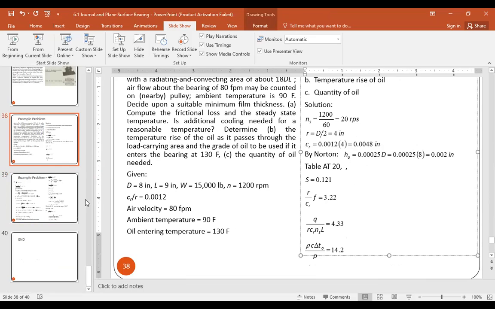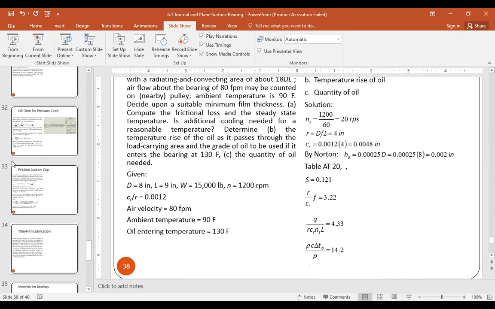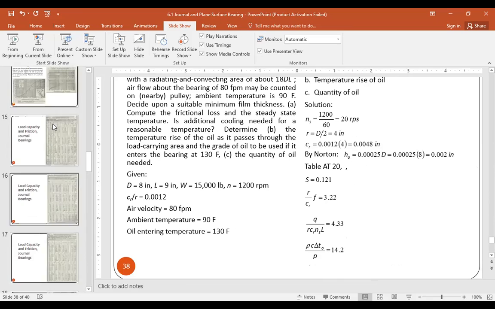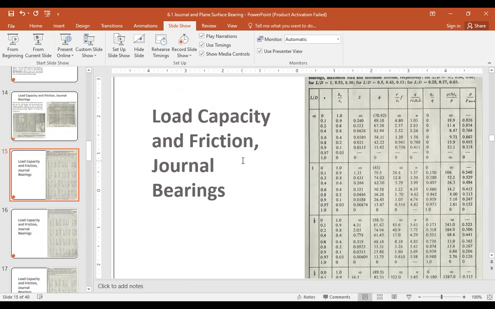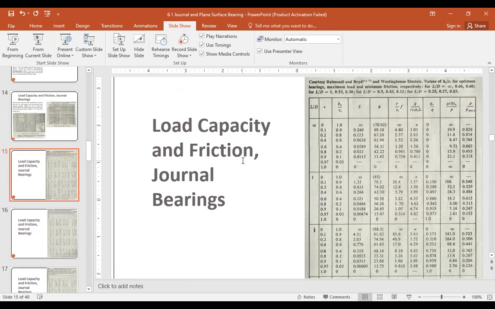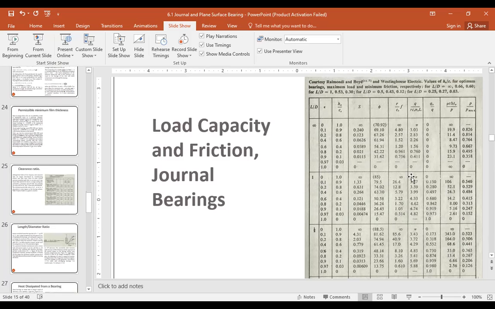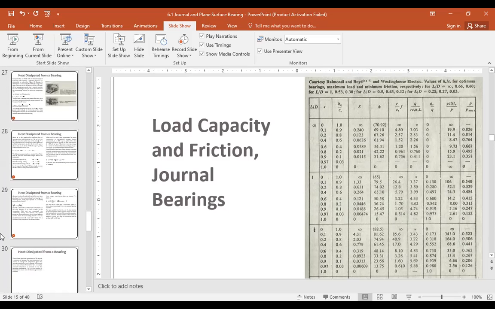Cr over r is 0.0012. Hanapin natin yung, may isa dyan, partner. So, dito na tayo sa L over D is one.